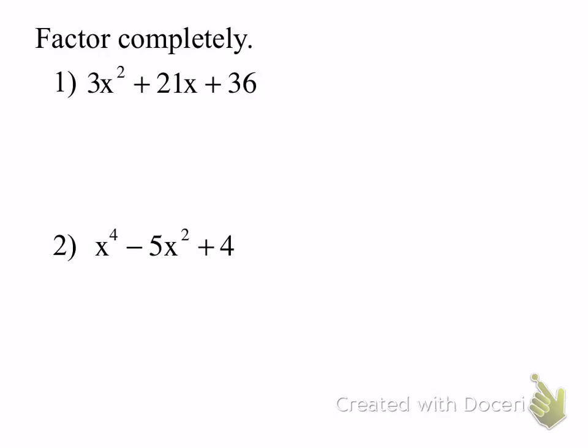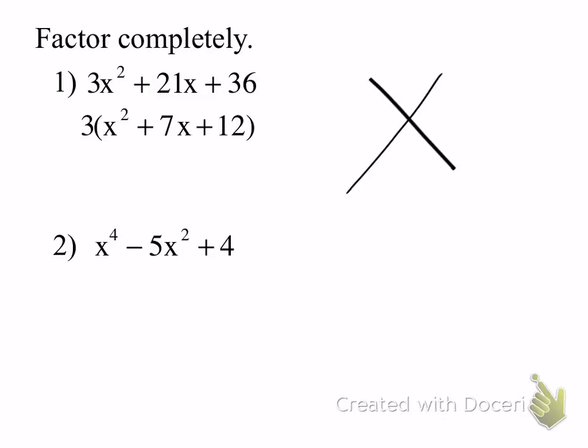Nicole? 3. So I factor out my 3. And what's left inside is x squared. When I divide 3x squared by 3, I get x squared. When I divide 21x by 3, I get 7x. And when I divide 36 by 3, I get 12. Now what I'm noticing is I have a trinomial that looks like it can be factored.